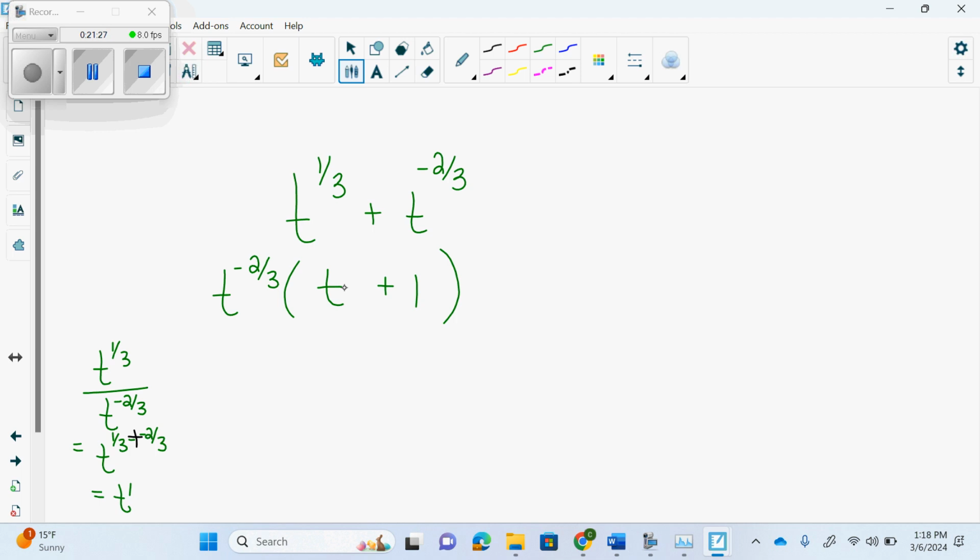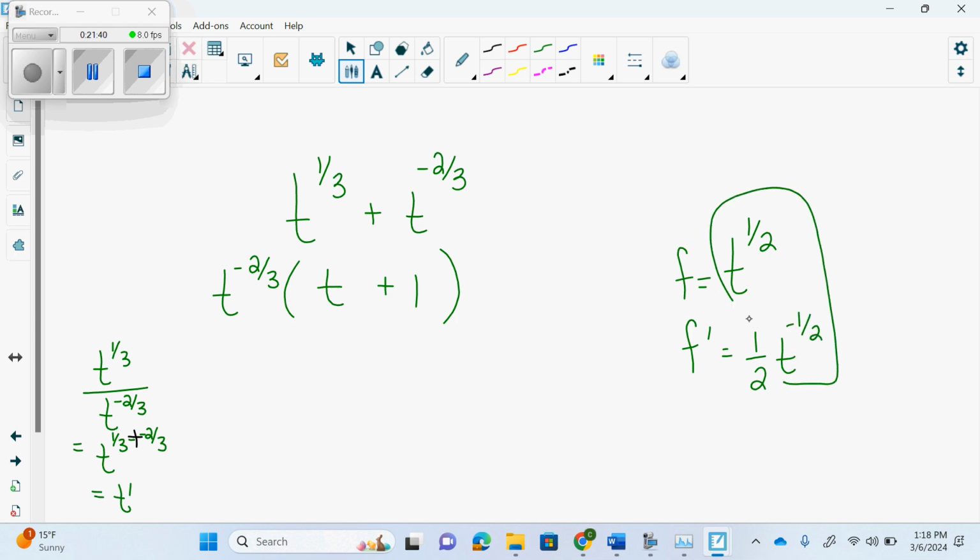Well, think about it. If my f is t to the half, my f prime is going to be 1/2 t to the negative 1/2. What is the difference of these two? 1. Why? Because I subtracted 1 off of it. Correct?